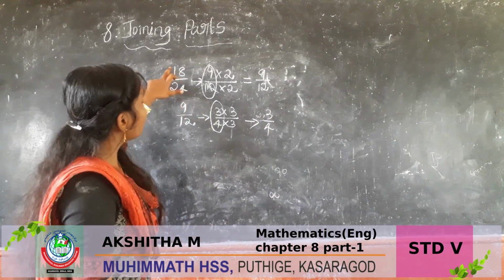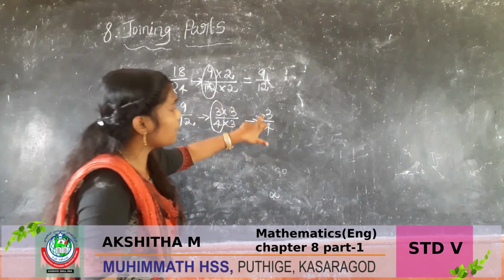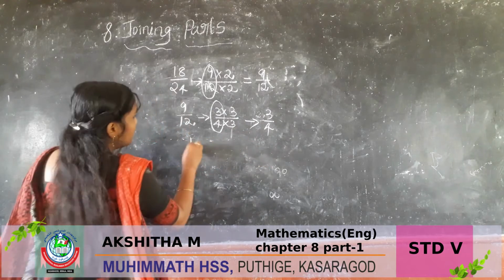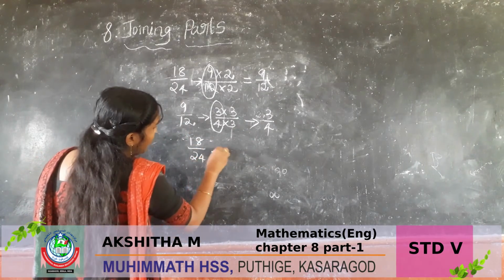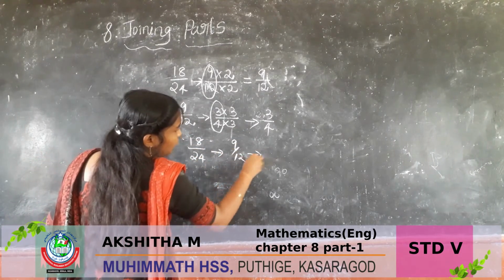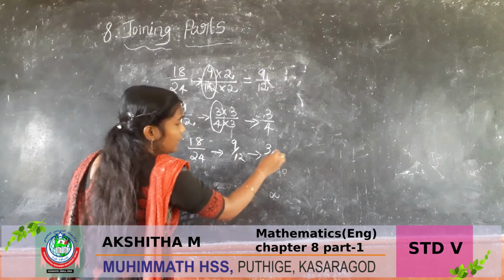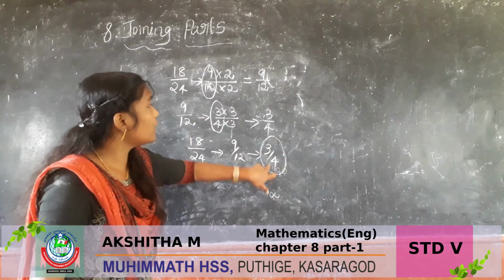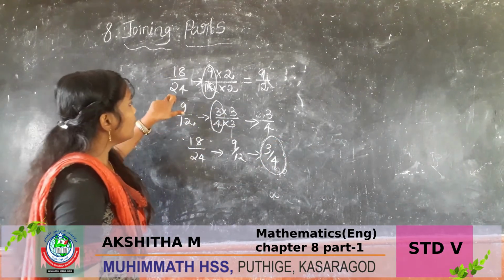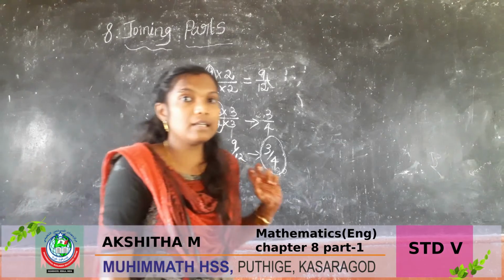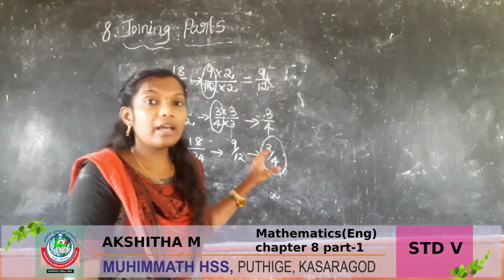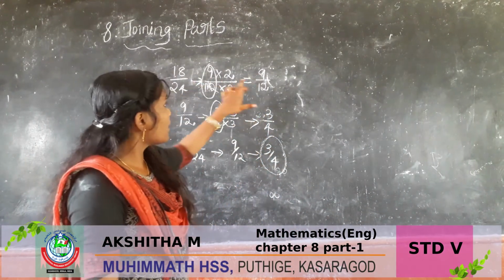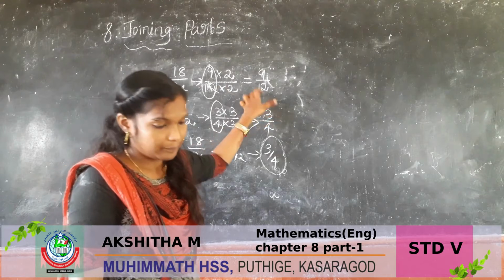The smaller fraction of 18 by 24 is 3 by 4. 18 by 24, 9 by 12, 3 by 4. Is it clear? Here we can reduce the numerator and denominator.